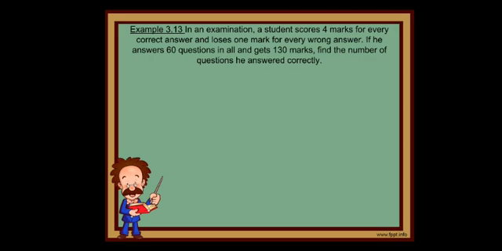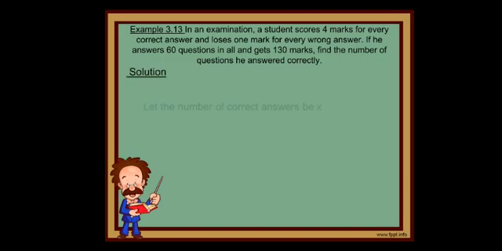So in an examination, he answered 60 questions, and for every correct answer he gets 4 marks, and for every wrong answer he loses 1 mark. In total he got 130 marks. What they are asking us is to find the number of questions he answered correctly.